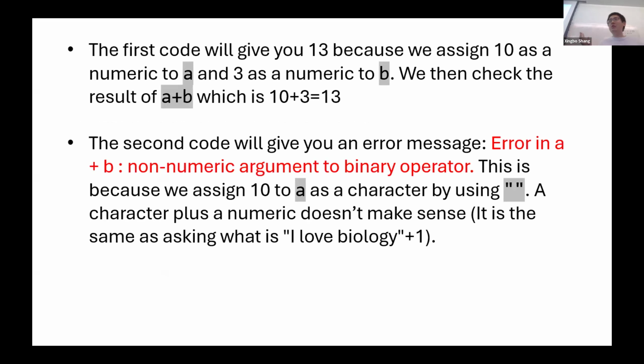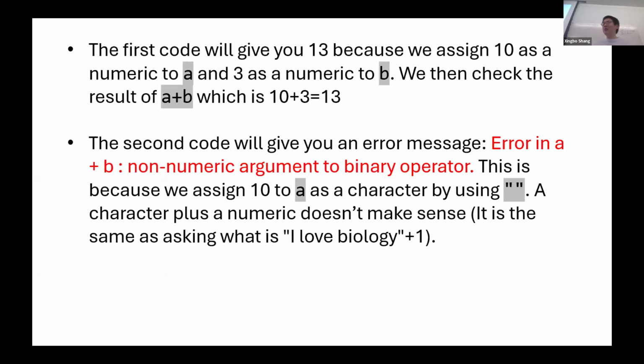So you are telling R, I'm giving you a text. Even if the text looks literally like 10 to you, R will treat it as pure text rather than a number. So for R, asking what is "10" plus 1 is equivalent to asking what is "I love biology" plus 1.